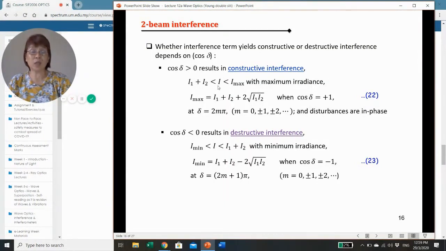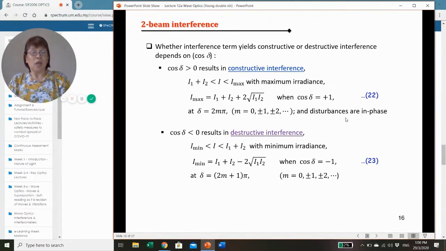Then the irradiance would be higher than I1 plus I2, but lower than I maximum, where the maximum irradiance is given by I1 plus I2 plus 2 root I1 I2, when cosine delta equals 1. This occurs when delta is equal to even multiples of pi, because the disturbances would then be in phase, right?